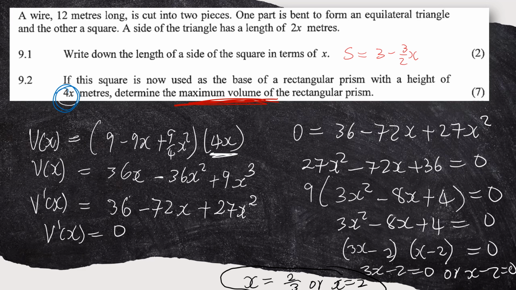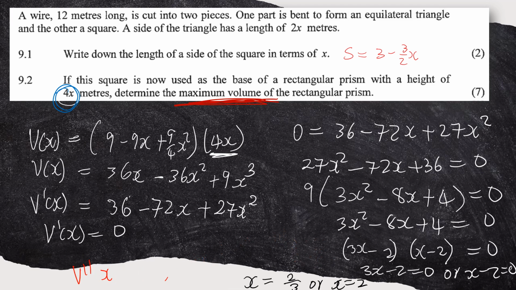If the second derivative is greater than 0, then that x value will give you the minimum. But if your second derivative is less than 0, that x value will maximize. That's the notion there.